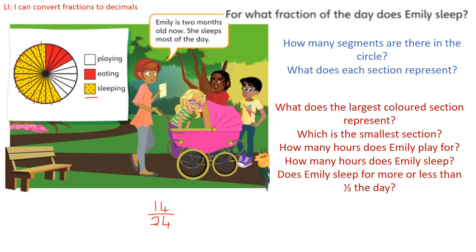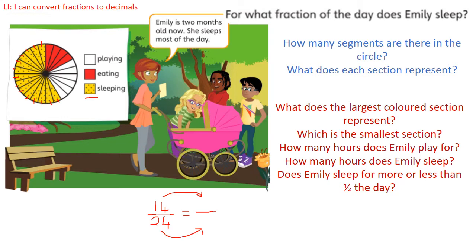I know that because both those numbers are even. Therefore, they must be in the 2 times table. So I need to find another fraction that might be in its simplest form. So what can I divide the denominator by? And what I divide the denominator by, I also divide the numerator by.